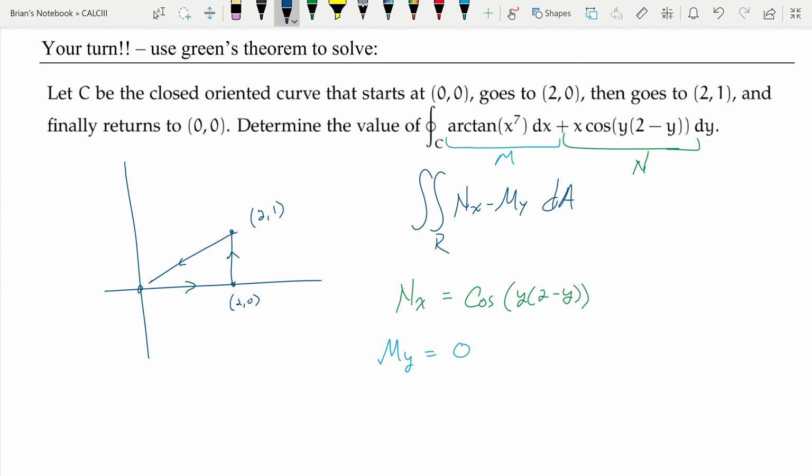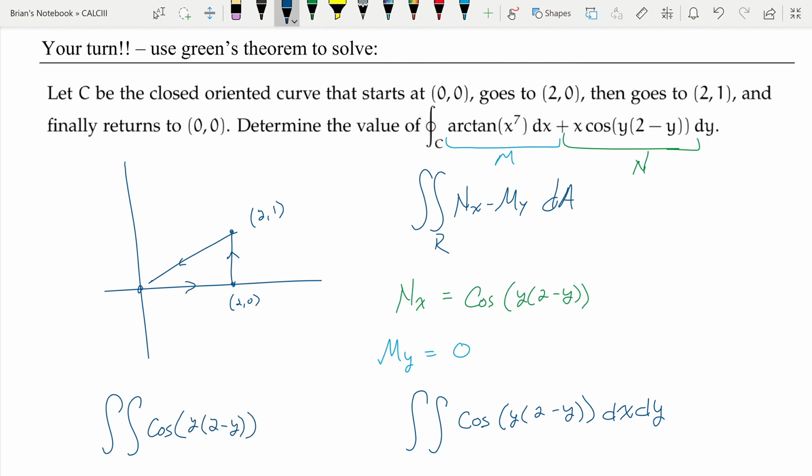All right, cool. Easy enough. So let's plug all that into our integral. It's Nx minus My, so it'll be cosine of y times 2 minus y. And then we need to do dx dy, or dy dx.